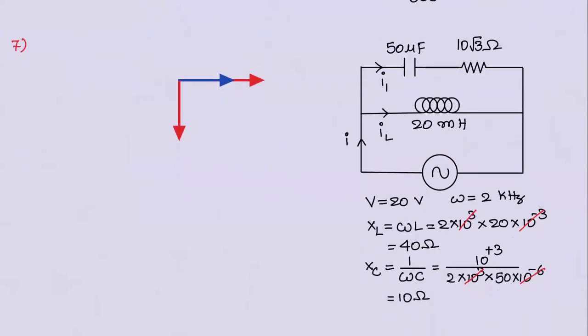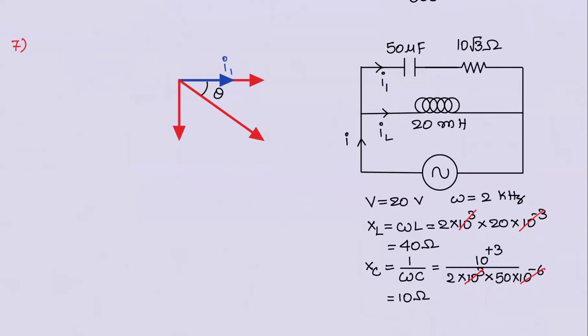Current will be like this. And the voltage will be like this. This angle is theta. Remember, this is not the final angle. Final angle is totally different. And this is not total current.